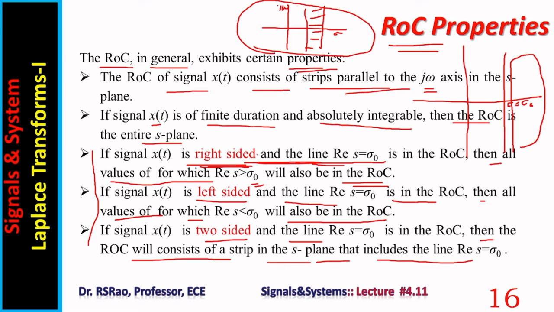If the signal is left-sided, then the entire region to the left of the line sigma equal to sigma naught is the ROC. If the signal is two-sided, then the ROC consists of a strip in the S-plane that includes the line real s equal to sigma naught. It means a strip like this, which includes the line.